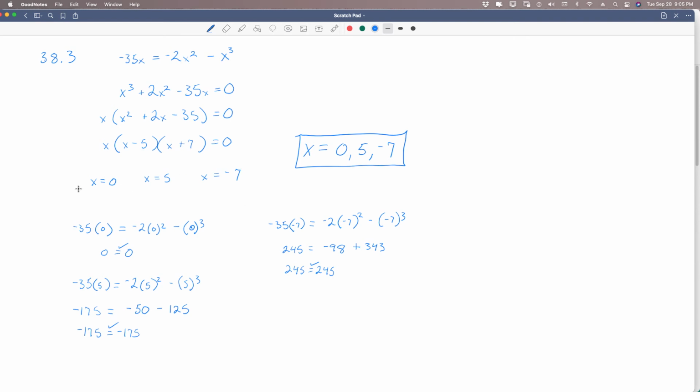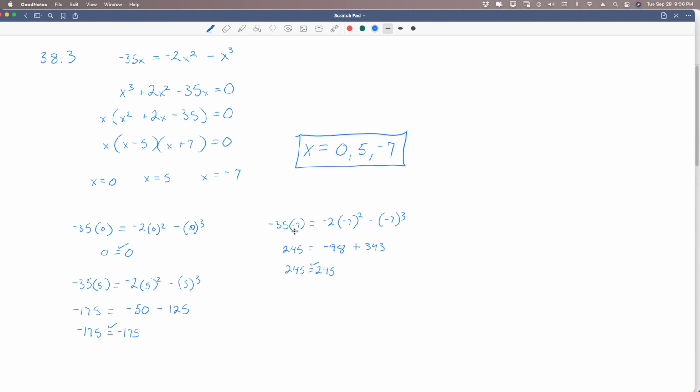So then we set to check them. Obviously, if we put in 0 for x, x times all three of those would be 0 times 0, or 0 equals 0, so that checks. Then we checked our 5, and we got negative 175 equals negative 175, so that checks.